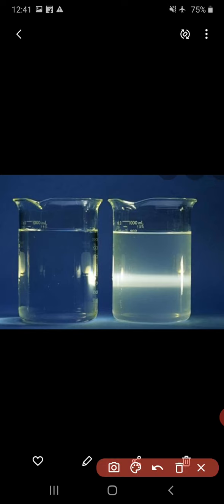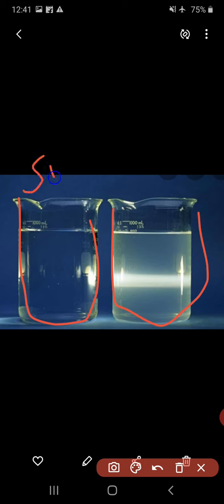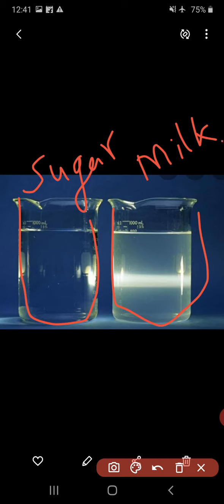Here this is one solution, this is another solution. In this solution we have added some sugar. In this other solution, we have added milk. When a beam of light is passing through, यहाँ से beam हमें दिख रही है?